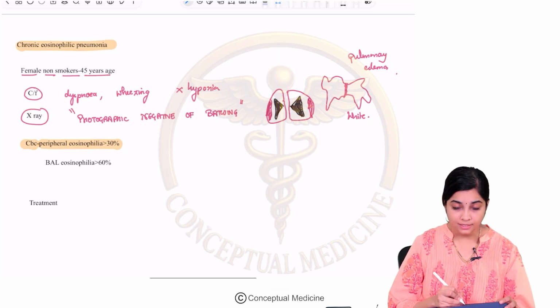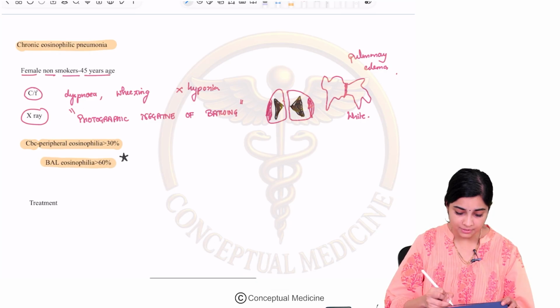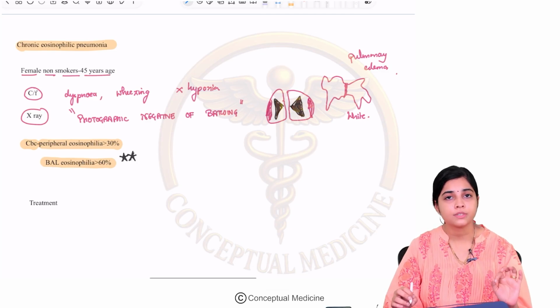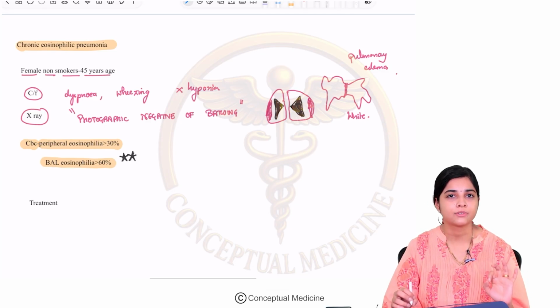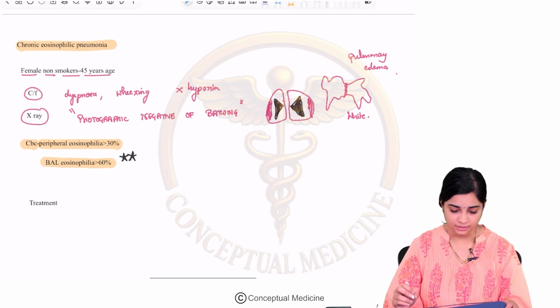And when you do a bronchoalveolar lavage, the eosinophilia is more than 60%. That is an alarming number. The bronchoalveolar lavage shows more than 60% eosinophils, which is not found in asthmatics. So this is chronic eosinophilic pneumonia.